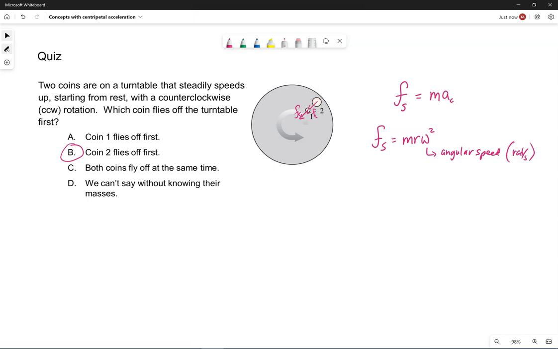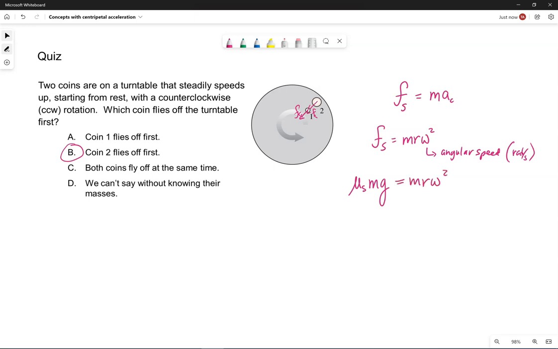Now, in terms of the coins sliding off, essentially, I can plug in our maximum friction force. The turntable is horizontal, so the normal force up on the coin will balance out with the force of gravity downwards.